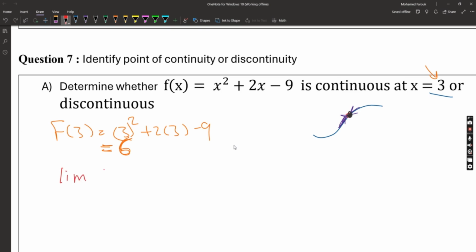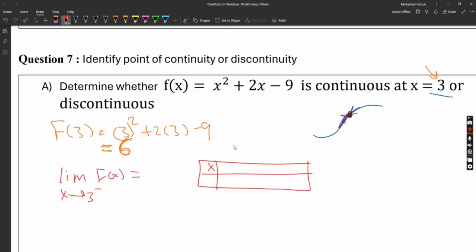So we will get the limit of f of x as x approaches 3 from the left side. We will make this table. This is x, this is f of x. We'll start with 2.5, 2.6, 2.7, 2.8, and 2.9.